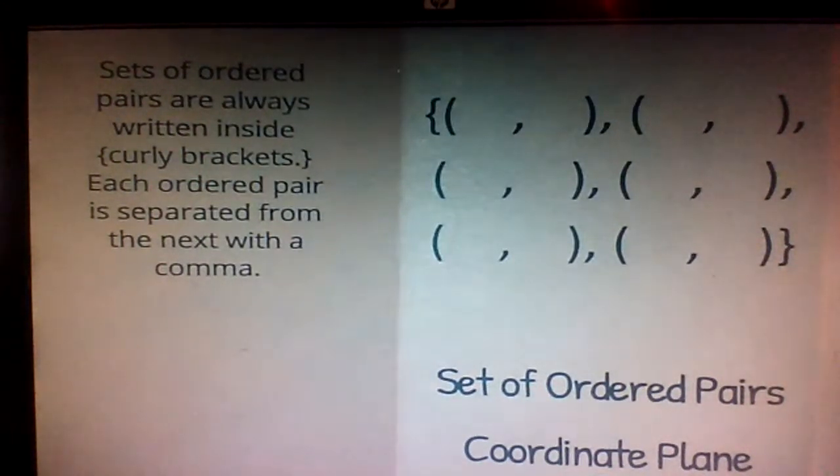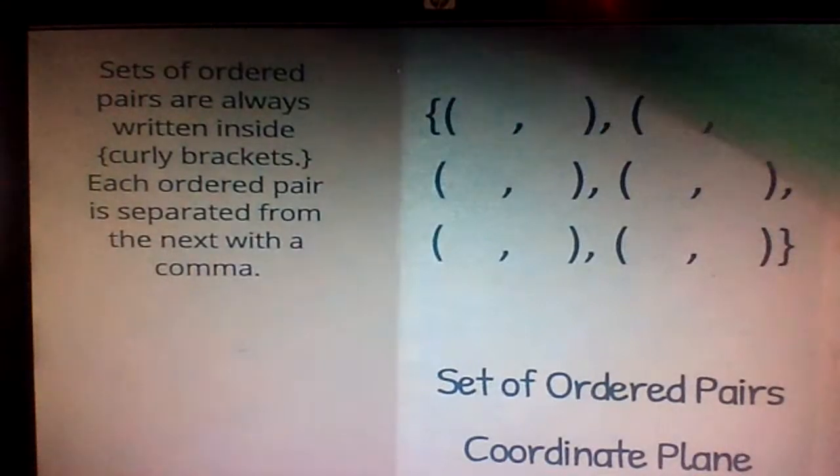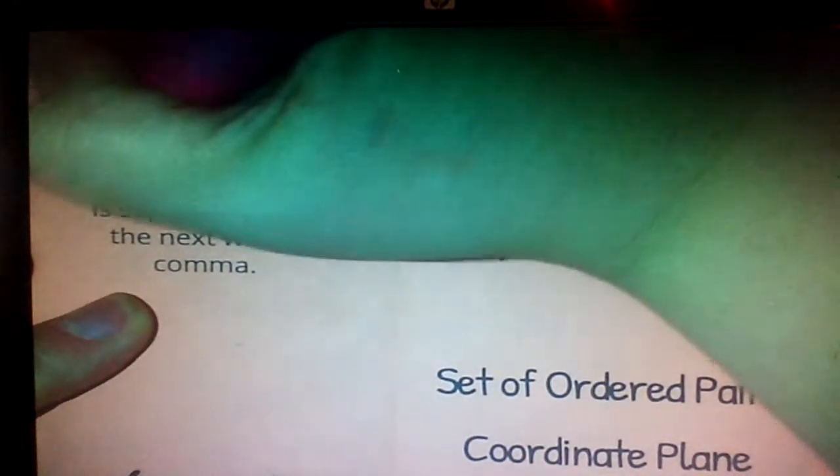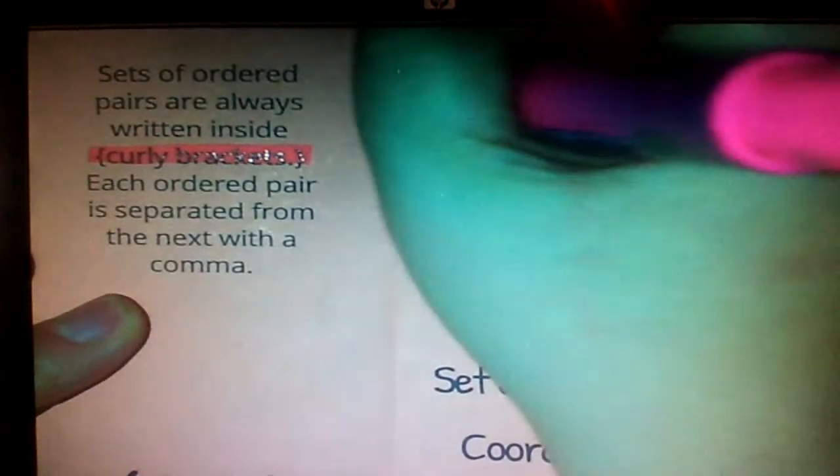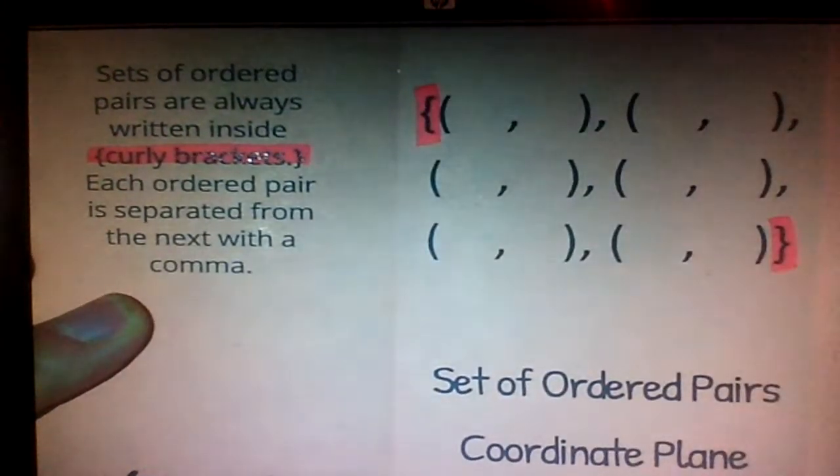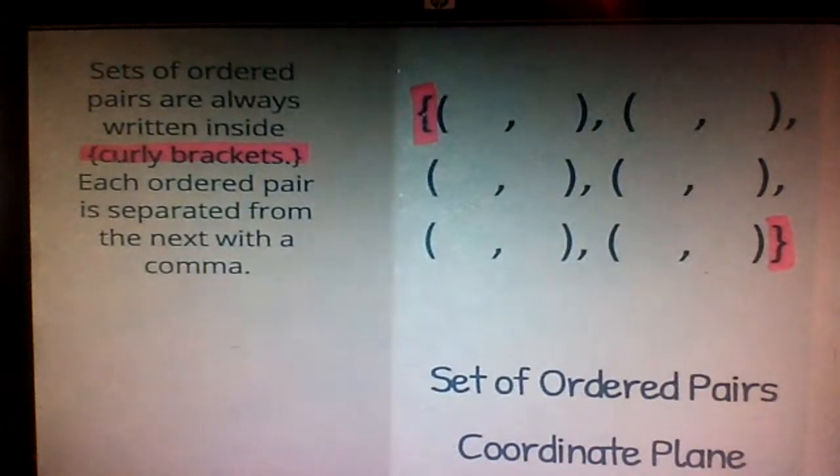Okay. So, a set of ordered pairs are always written inside curly brackets. Your curly brackets, if you want to grab one of your highlighters, is this and this. So, anytime you list me some points, your points should be inside curly brackets.